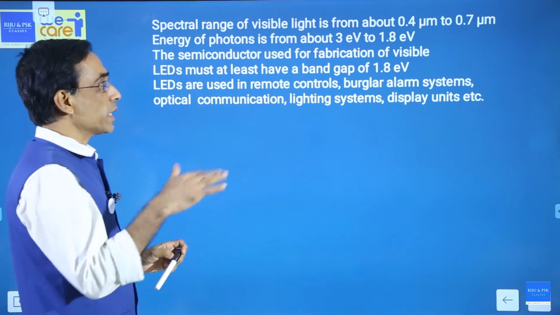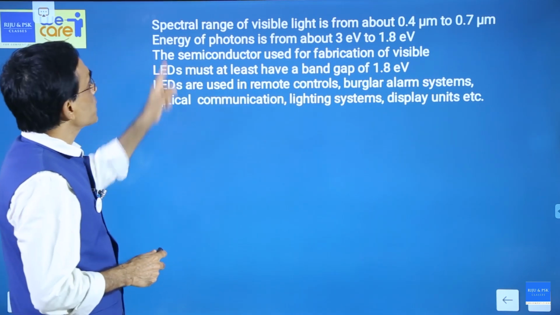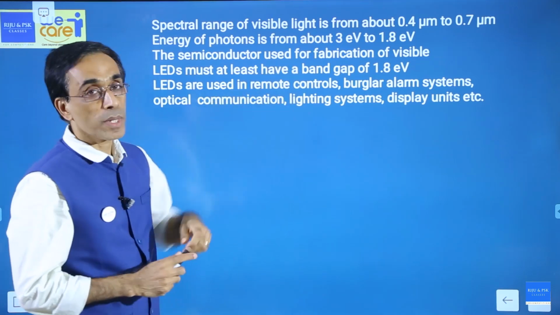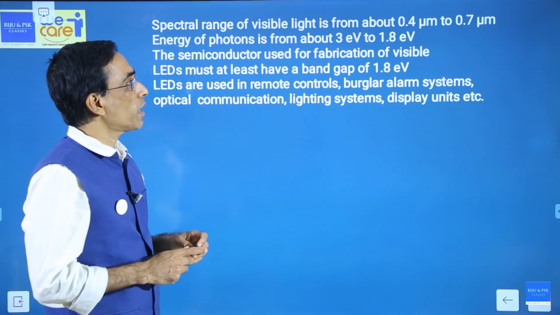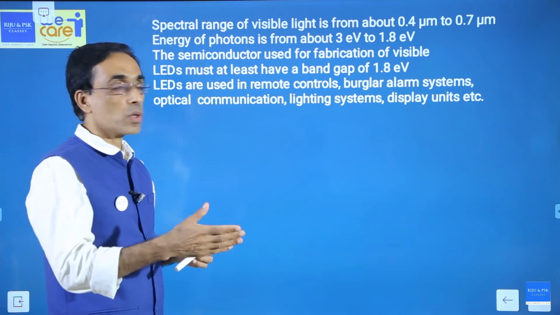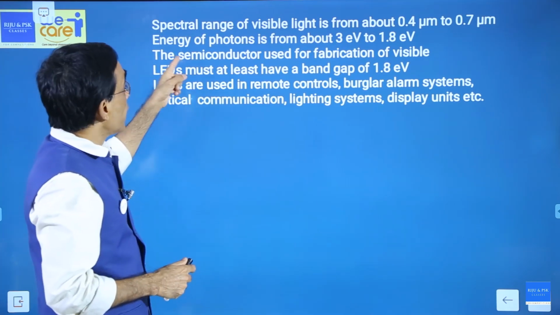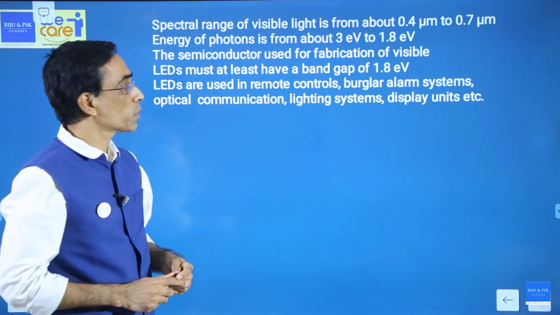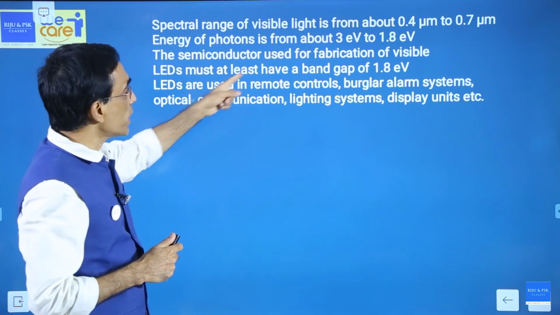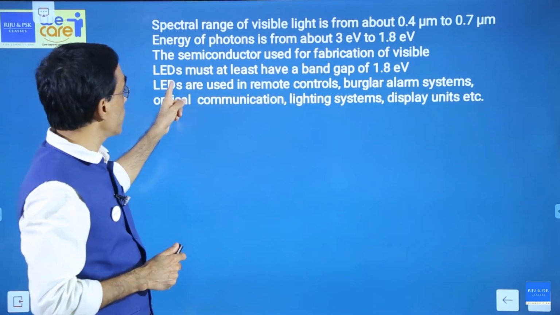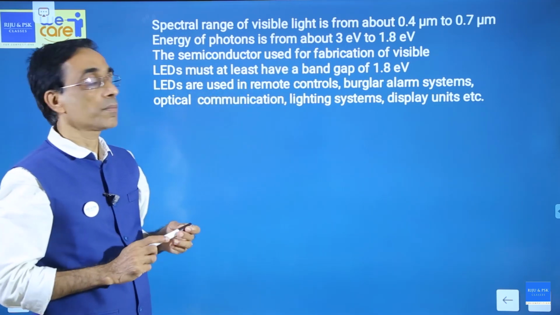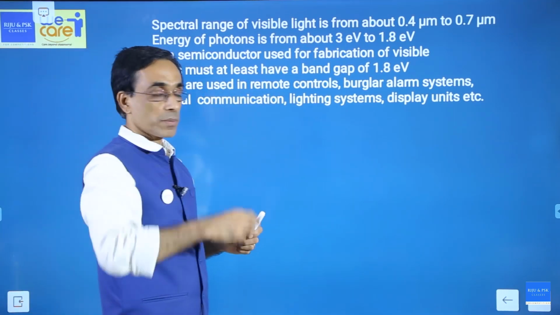Now, another advantage technically is that the spectral range of visible light is from about 0.4 to 0.7 micrometer. That means 4000 Angstrom to 7000 Angstrom. The energy of a photon is from 3 to 1.8 electron volt. That is visible. The semiconductor used for fabrication of a visible LED must have a band gap of at least 1.8 eV.